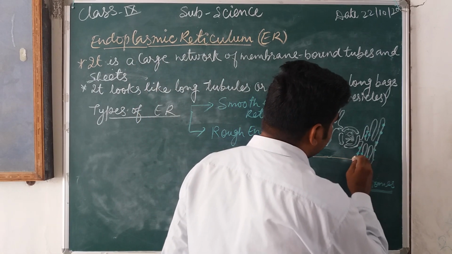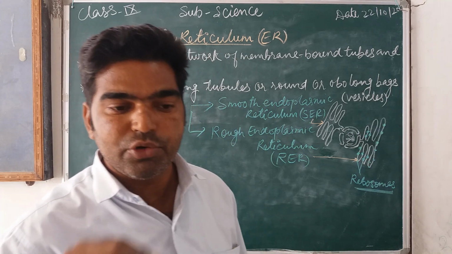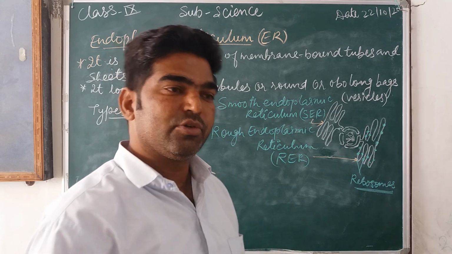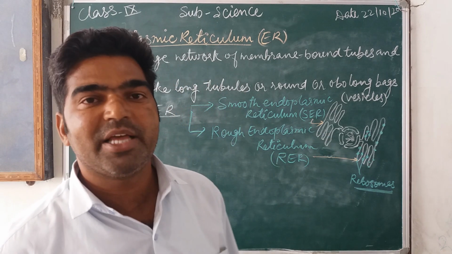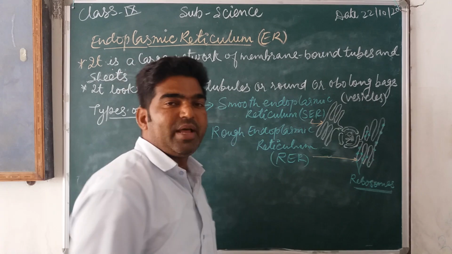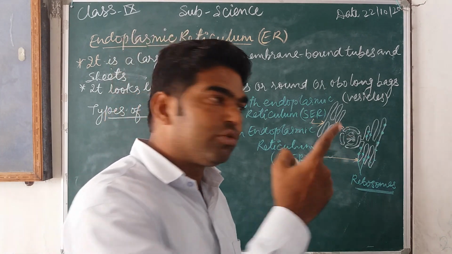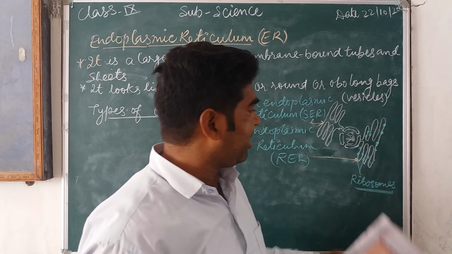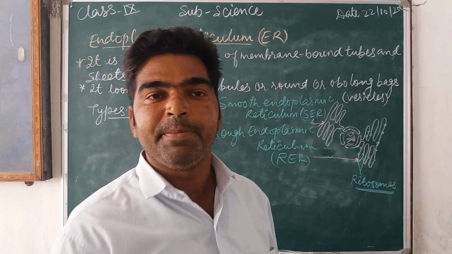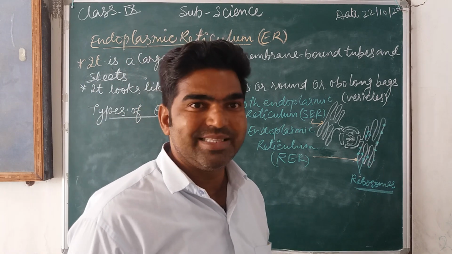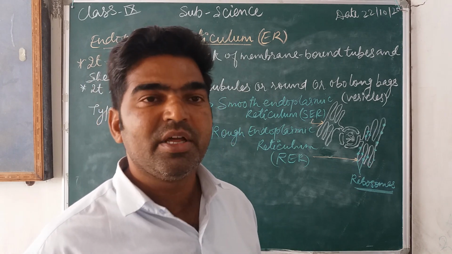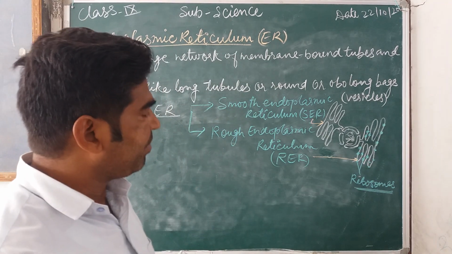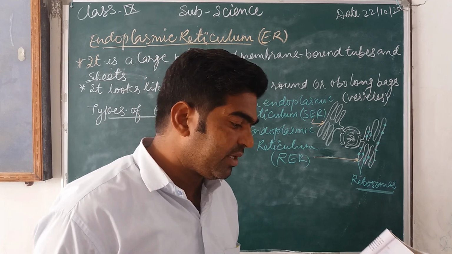But if ribosomes are present on the surface, it looks rough, so that type is known as rough endoplasmic reticulum. Due to the presence of ribosomes, the rough endoplasmic reticulum helps in protein synthesis, the manufacture of protein. So these are the two different types of endoplasmic reticulum.